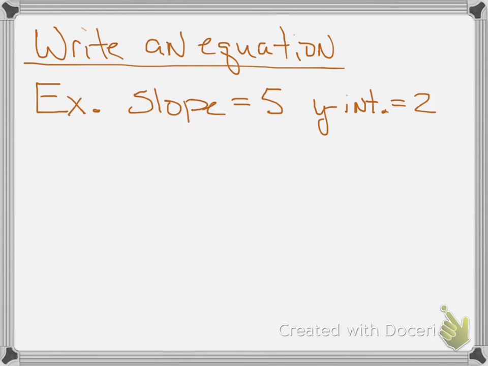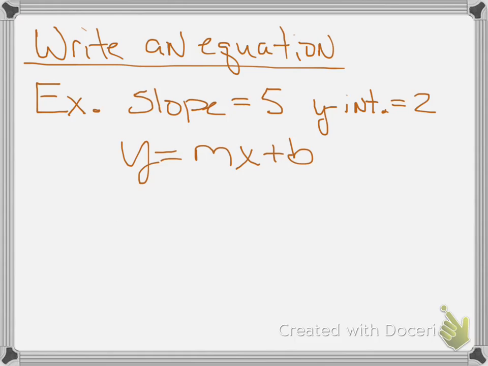Okay, so writing an equation. We're going to start off with writing an equation, and it's as simple as, okay, I give you this information: a slope equals 5, the y-intercept equals 2. So we've got this information, and we need to somehow make an equation. This is so difficult. By the way, that's sarcasm if you're not getting that. If you look, we start off with this formula, y equals mx plus b.